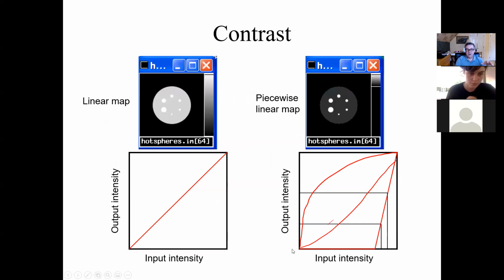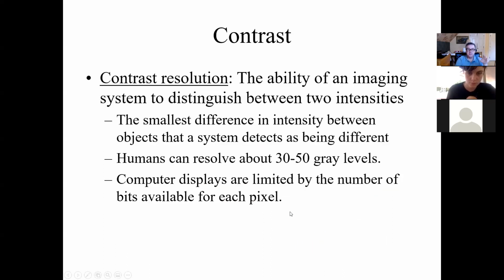In other words, our mapping changes rapidly as we focus on different parts of the image. So there are arguments for why 10 or 12 bits might be valuable, or it might just be that companies can sell those for a lot of money to radiology practices. Okay. And of course, computer displays are limited by how many bits are available for each pixel.